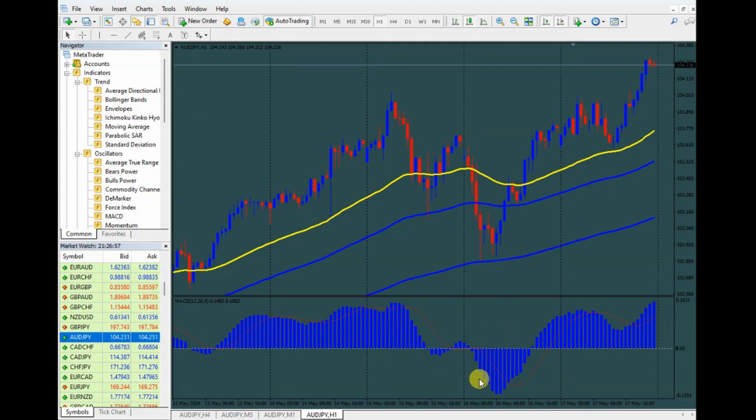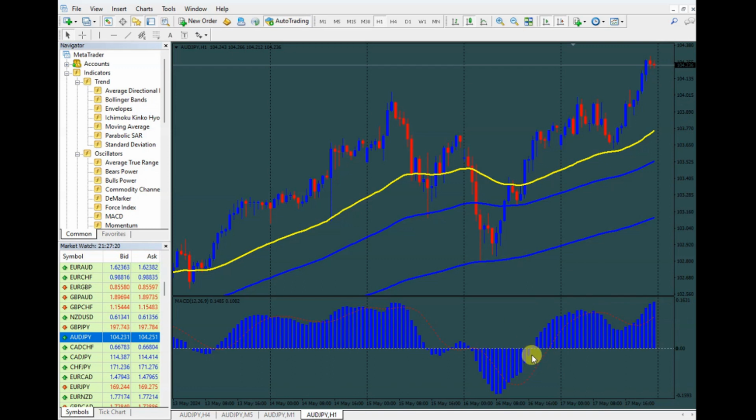So here you can see at this point the MACD indicator is giving us a sell signal, while the EMAs are still pointing in an upward direction. So which means at this point we don't need to make any trade.